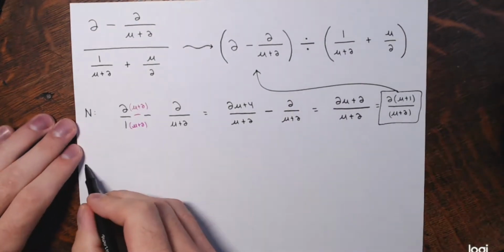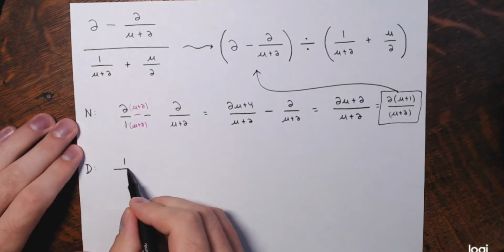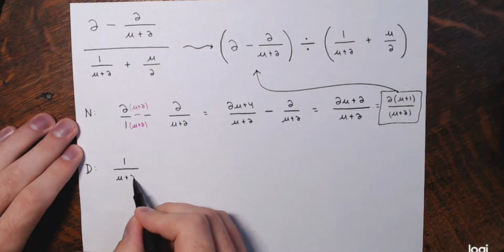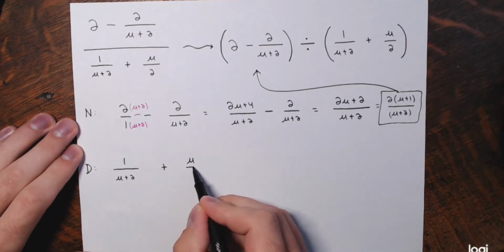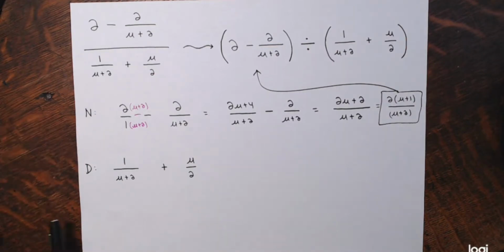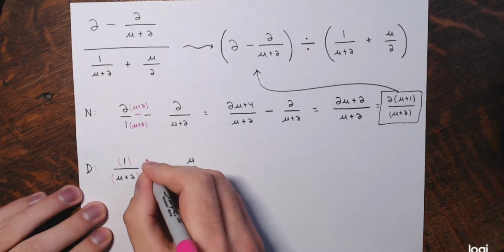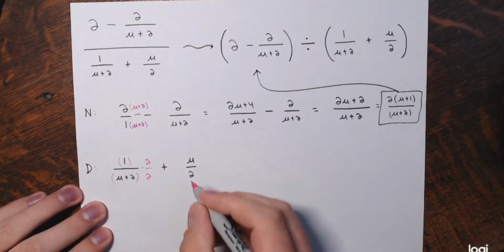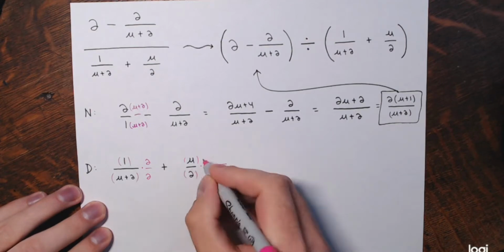Then the denominator, and I'll put d for denominator. We have 1 over u plus 2 plus u over 2. Again, I want a common denominator. I would multiply the numerator and denominator of this fraction by 2, and the numerator and denominator of this fraction by the quantity u plus 2.